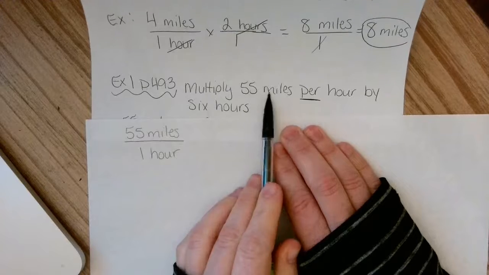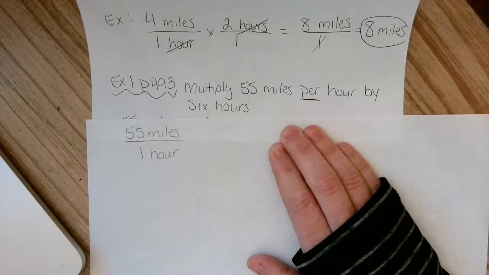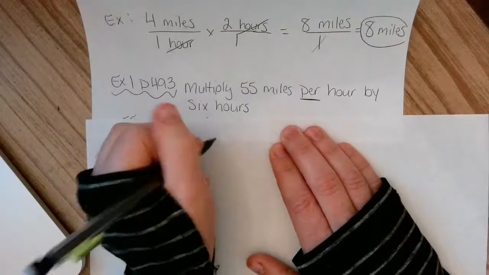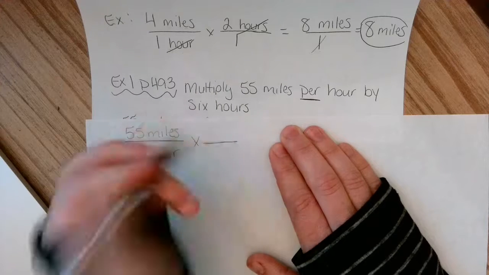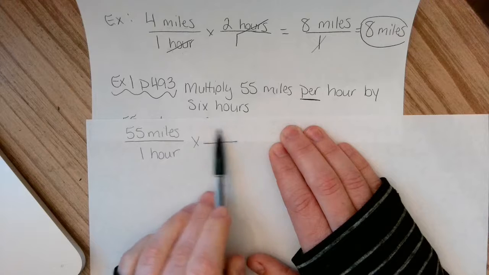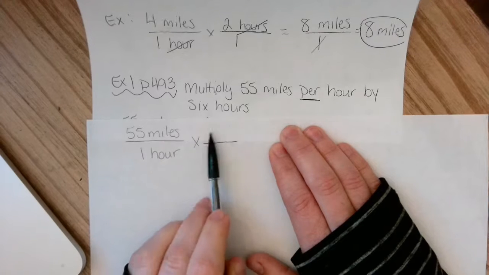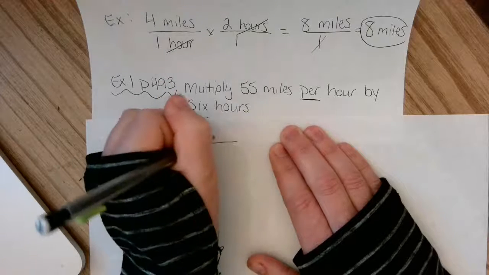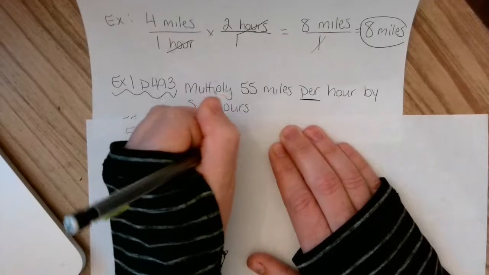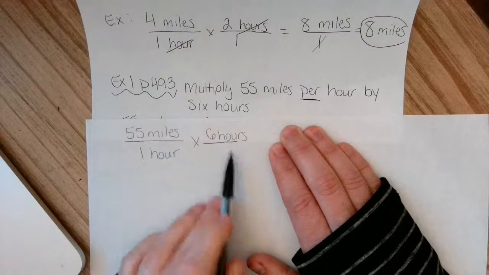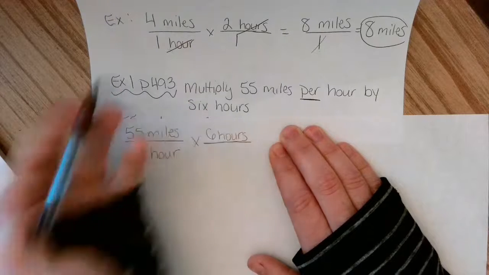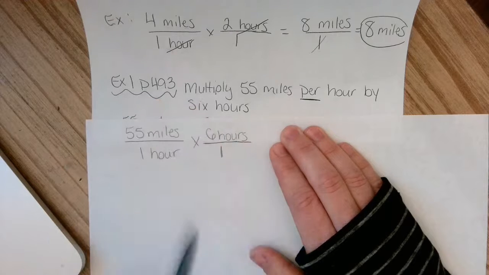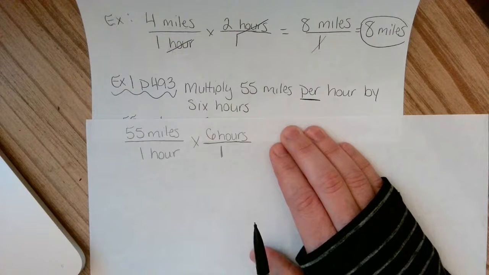Because 55 miles per hour. And it tells me to multiply that by 6 hours. So I'm going to write 6 hours up here because there's nothing that goes with the 6 hours. And just for argument's sake, just so it doesn't look funny, I'm just going to put a 1 down here just as a placeholder since it's a fraction.